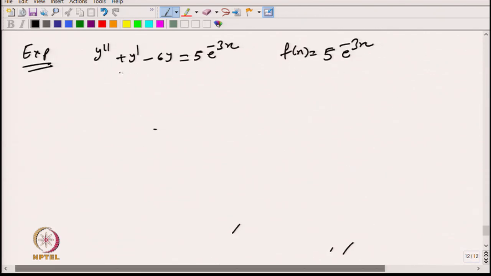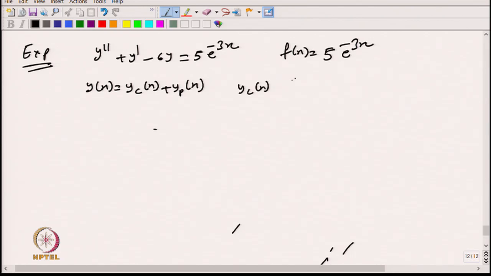And I know that this equation has a general solution. So, that will be y_c(x) plus y_p(x), where y_c(x) is the solution corresponding to the homogeneous part.